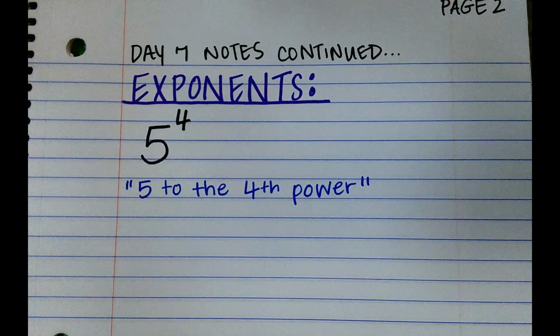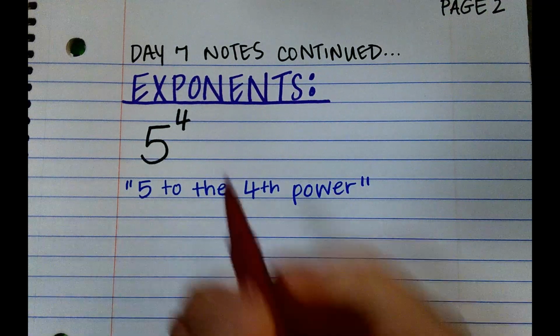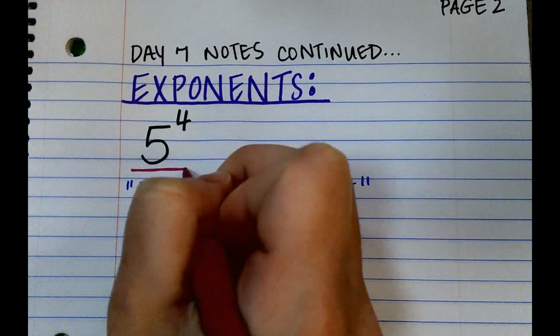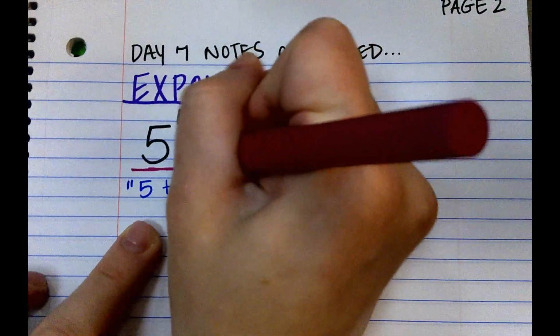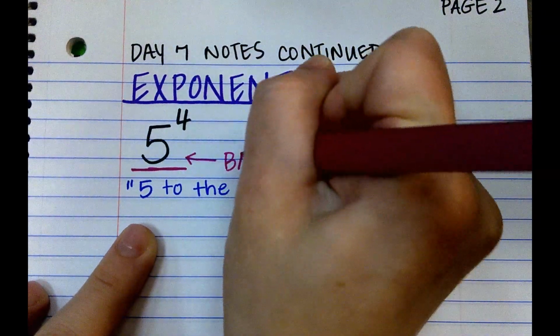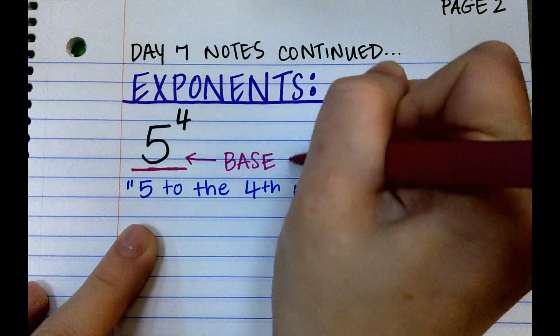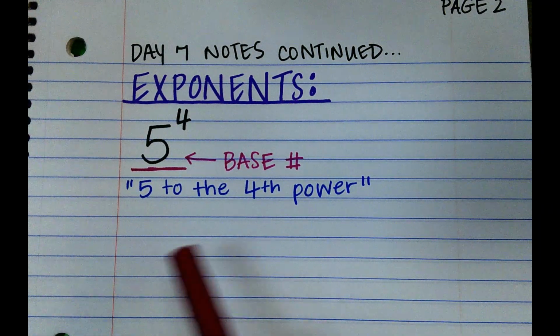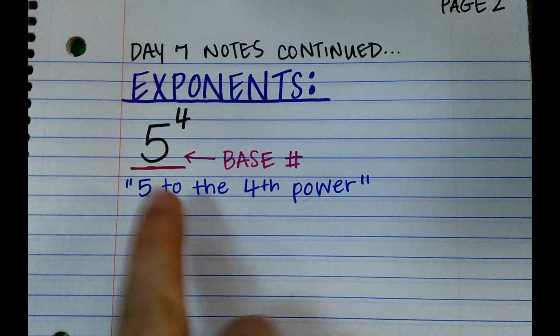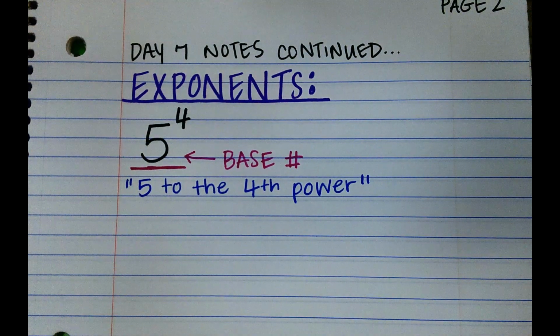Our big number is our base number. So I'm going to label this: 5 is our base number. And the smaller number, in this case 4, is the exponent or the power.